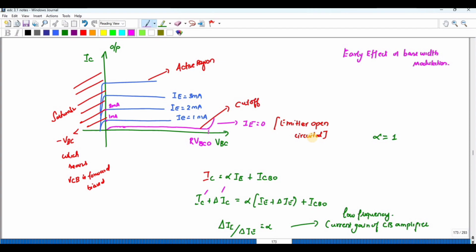This dependency of the base width on the collector to emitter voltage is known as the early effect.